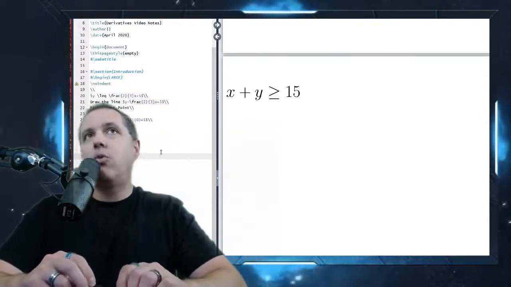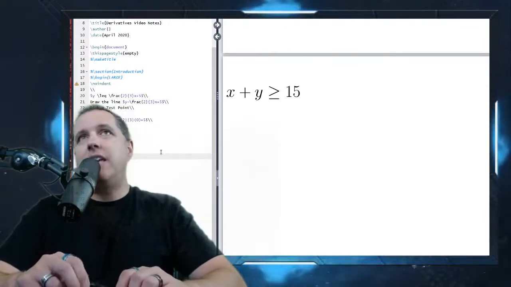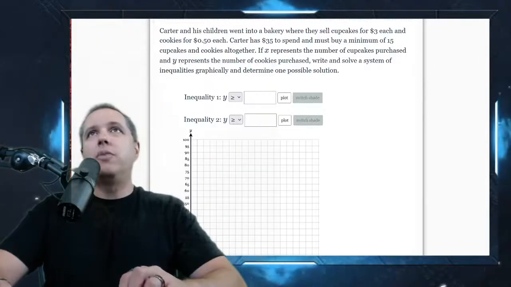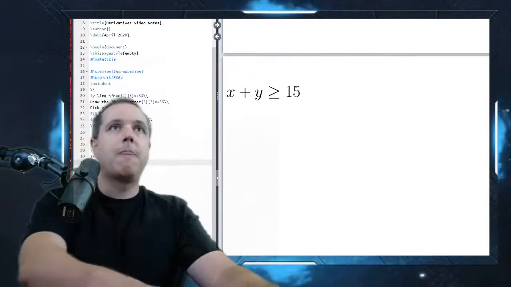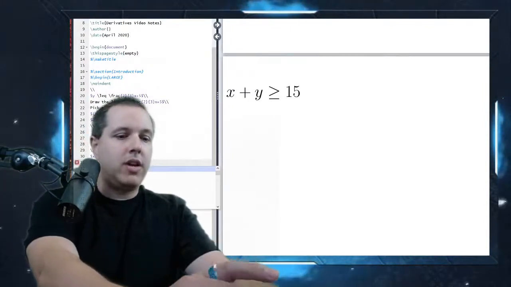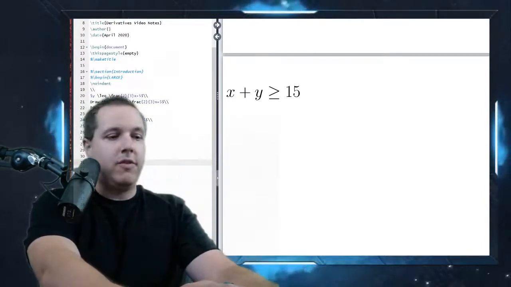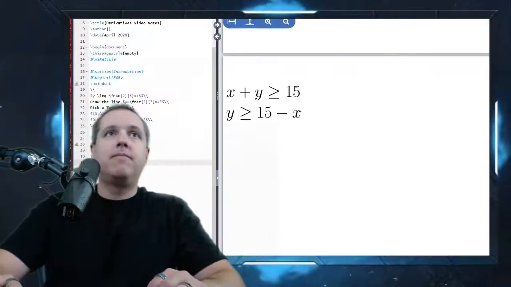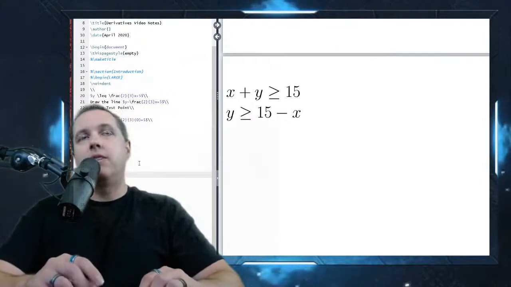That's our first inequality. Also notice it's not going to let us write that in here. They want it in slope-intercept form. So let's put that in slope-intercept form. Y is greater than or equal to 15 minus X. So all I did was subtract X from both sides.